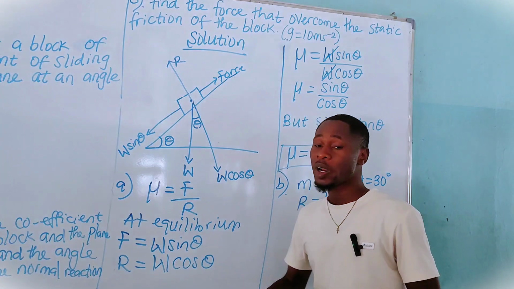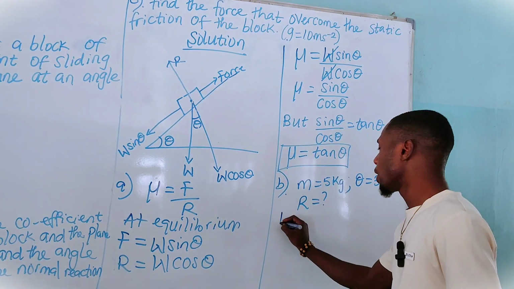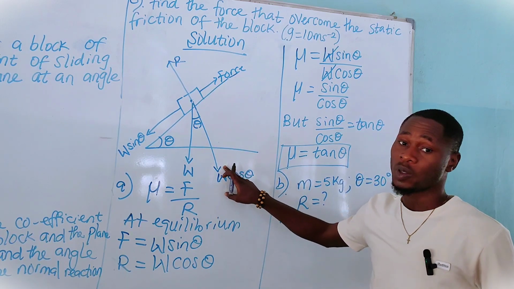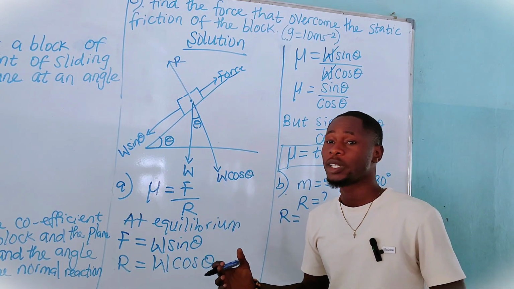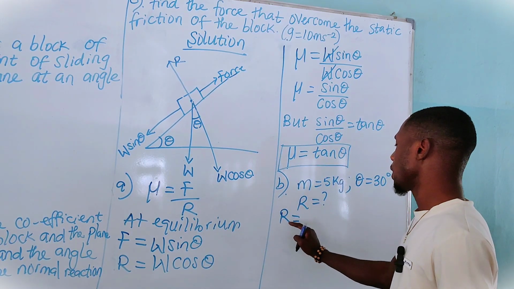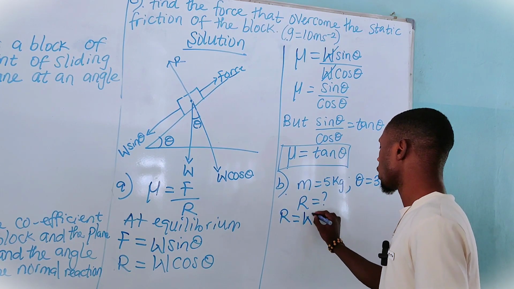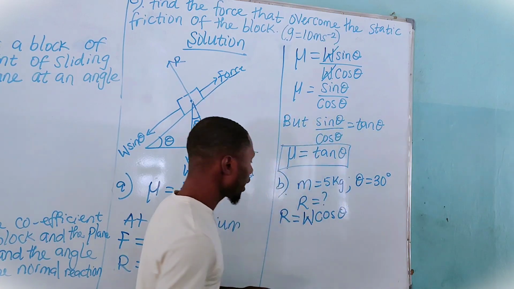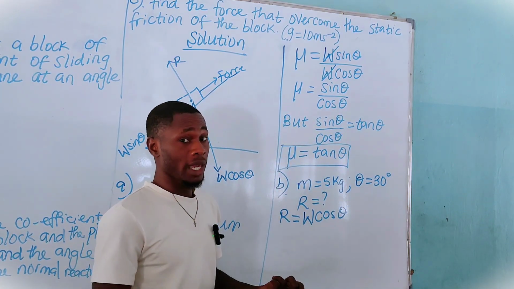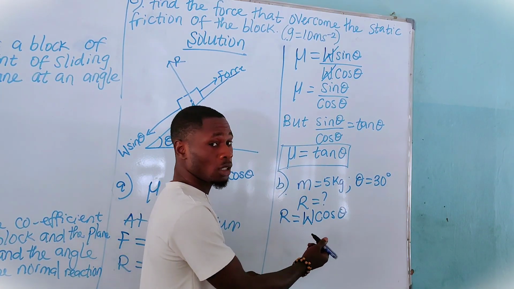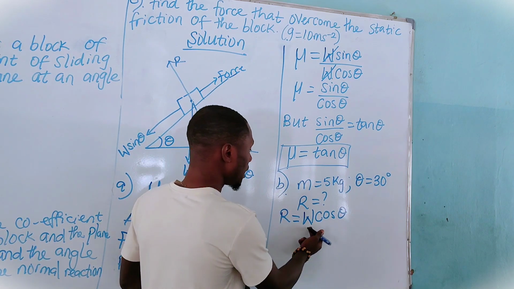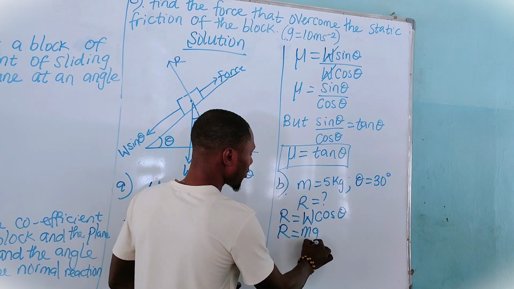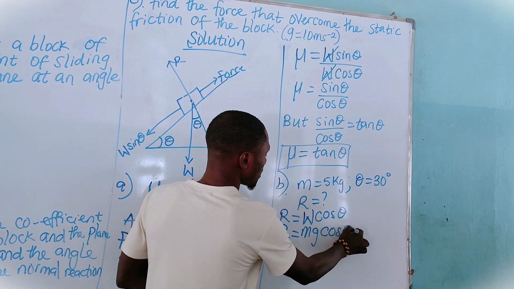So our normal reaction is equal to W cos theta. But W is the weight of the body, which is the product of mass and gravity. So normal reaction is mass multiplied by gravity and then cos theta.